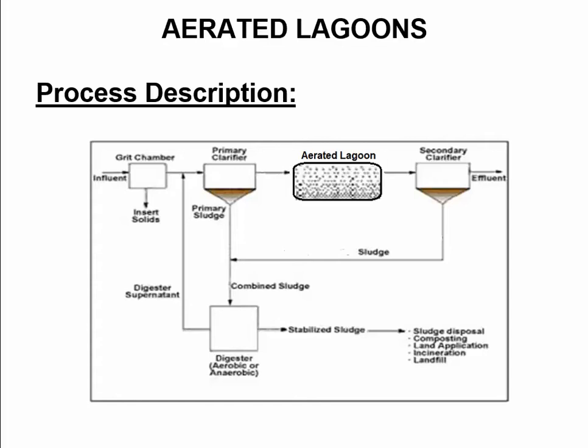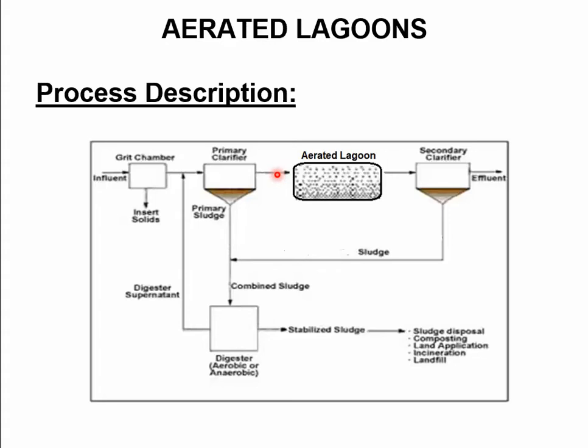like all other secondary treatment processes, that is to remove the organic matter, to remove the BOD from the wastewater. Now there are two major differences between aerated lagoon and activated sludge process. In activated sludge process, the sludge from the secondary clarifier, which was known as activated sludge, was recirculated back into the aeration tank.